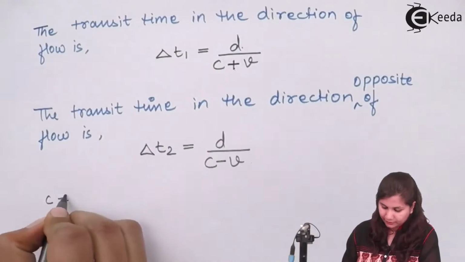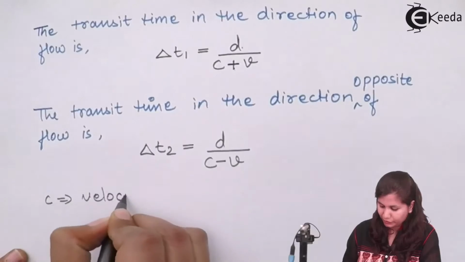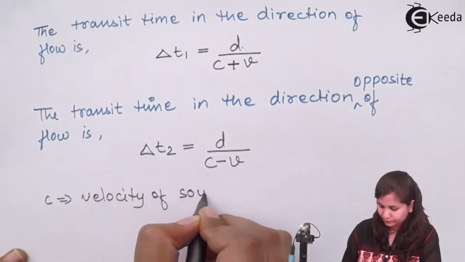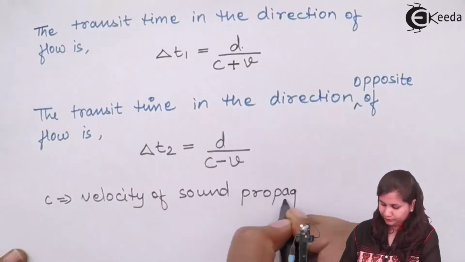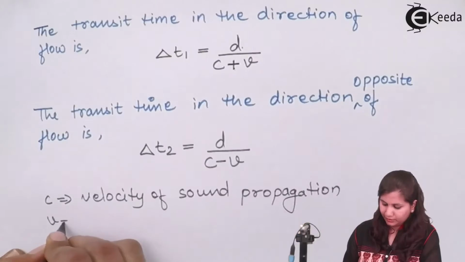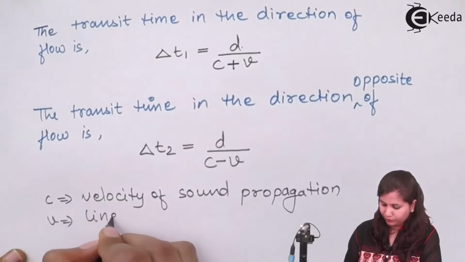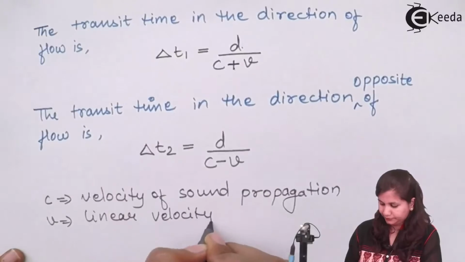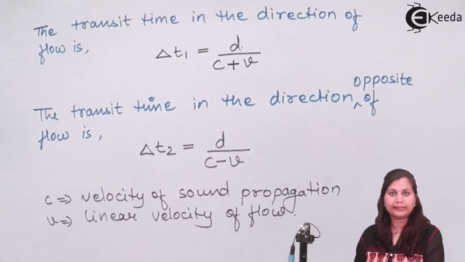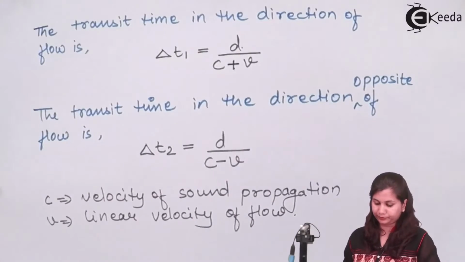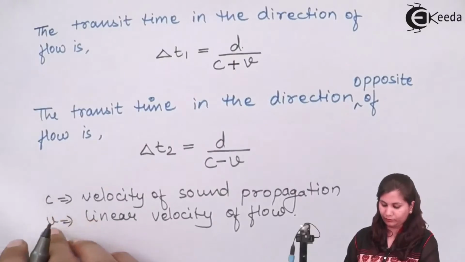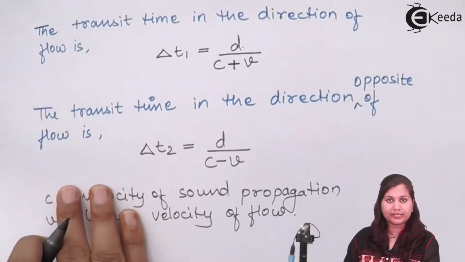C is the velocity of sound propagation. V is the linear velocity of flow. And D is the distance. So this was about the transit time. Now comes the phase shift.